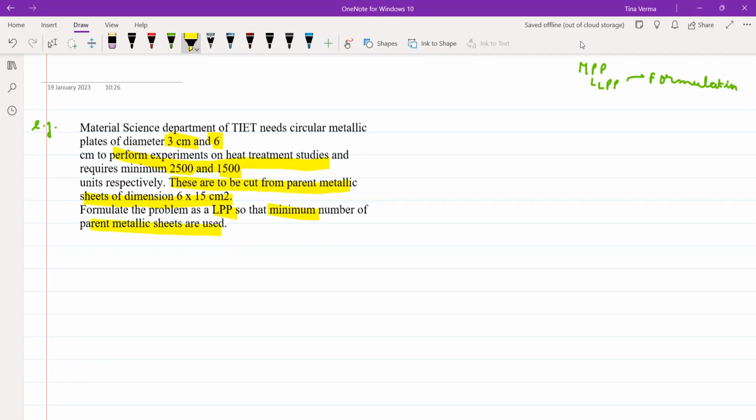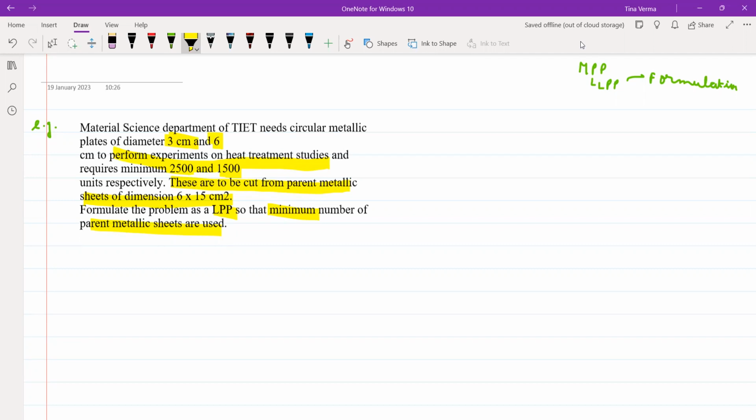So from the last line, it is clear that the objective function will be minimize, because it says you have to use the minimum number of metallic sheets. The department has a metallic sheet of 6 into 15 centimeter square, from which we have to cut circular plates. The dimension 6 into 15 means it is a rectangular sheet whose length is 6 and breadth is 15 centimeter.